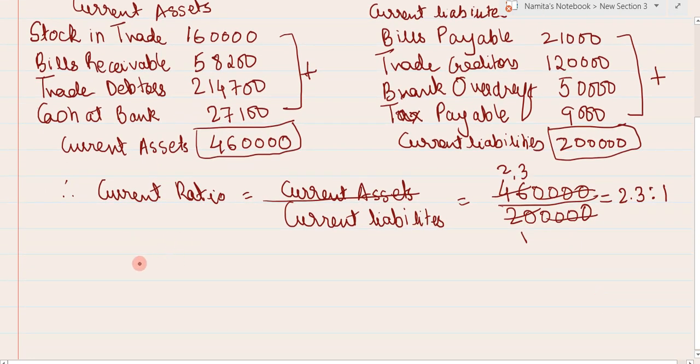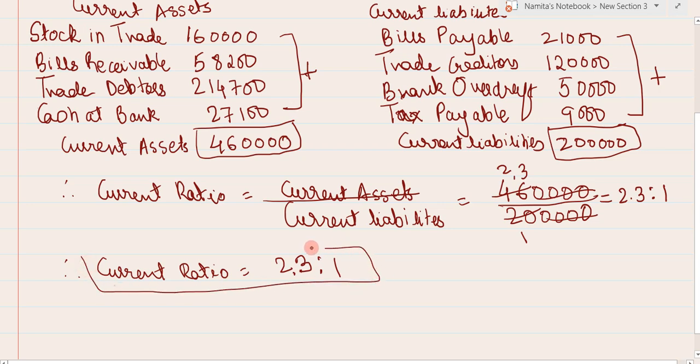So therefore, current ratio is equal to 2.3 is to 1. This is our current ratio.